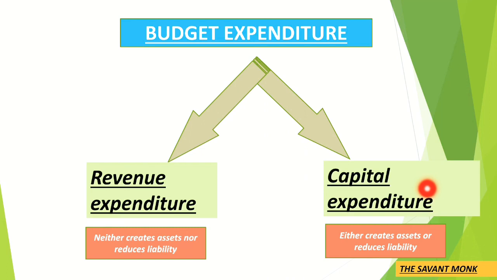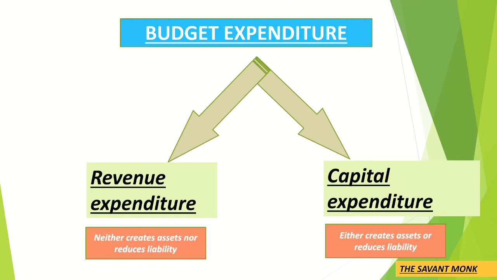Now coming to capital expenditure, these are those expenditures which either create assets or reduce liability. So, for example, creates assets means that the government is buying something, some more land, some more machinery, some more investment, etc. And reduces liability means that the government is repaying the loan. Okay, so that is what your capital expenditure includes.